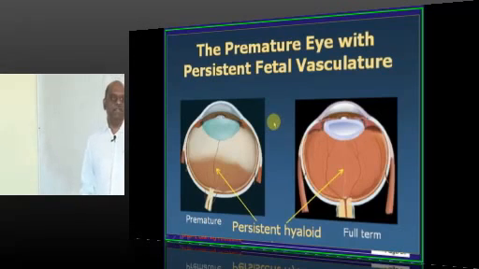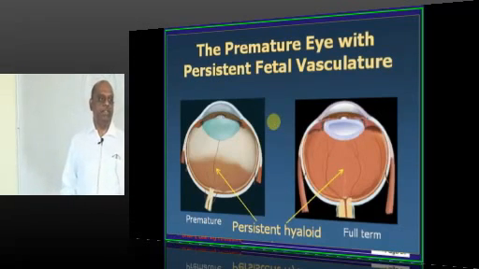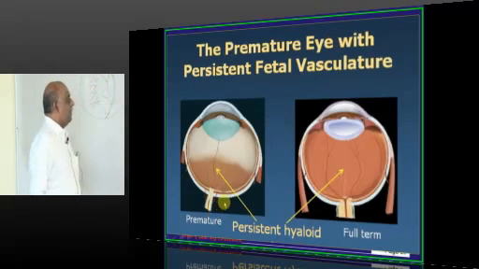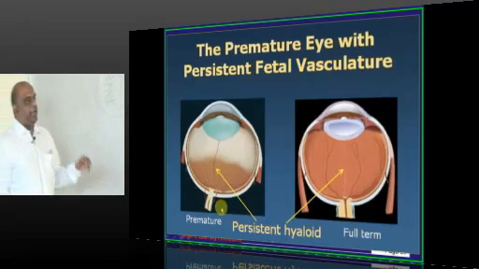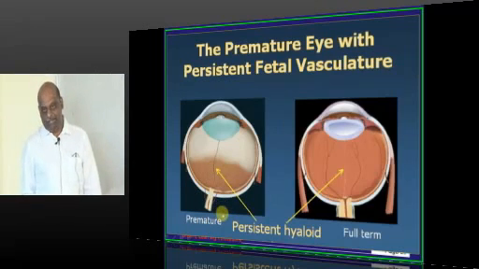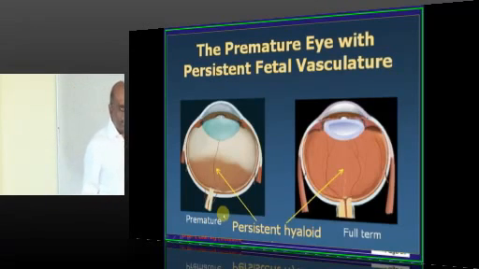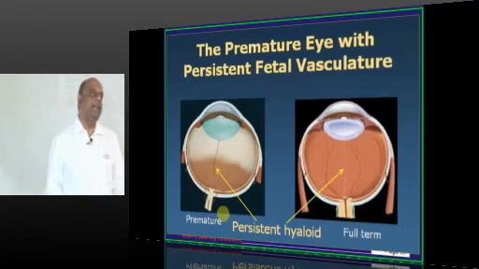So, why does all this happen? If you know the embryology, you will be able to understand what is Wieger's ligament, what is Berger space, etc. In the embryological development of the eye, there is vasculature in the eye, there are muscles inside the eye, there is a lens inside the eye, there is a retina inside the eye.